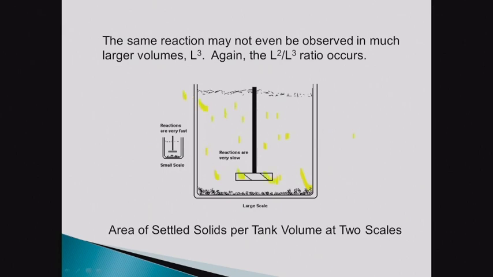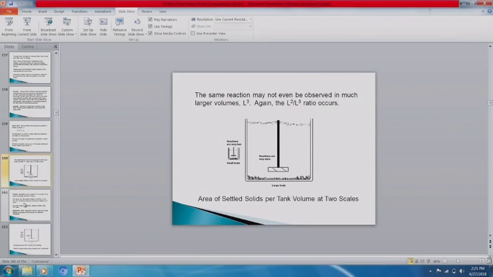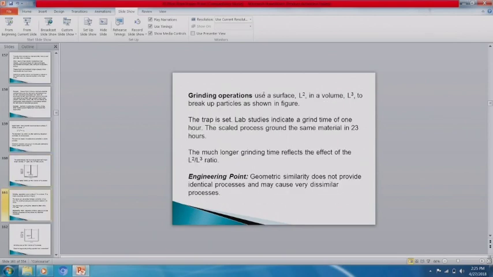And when I have that, I will have chemical uniformities, small tank and large tank. The large tank has everything uniform, right? Grinding operations, basically you have an L squared and L cubed volume.